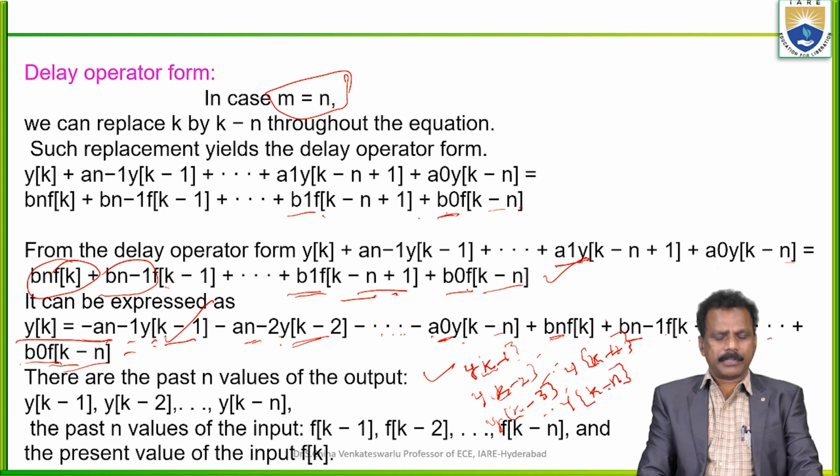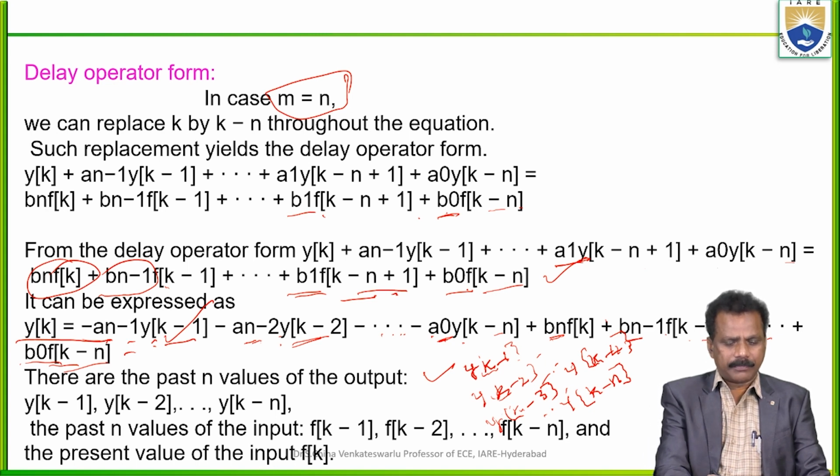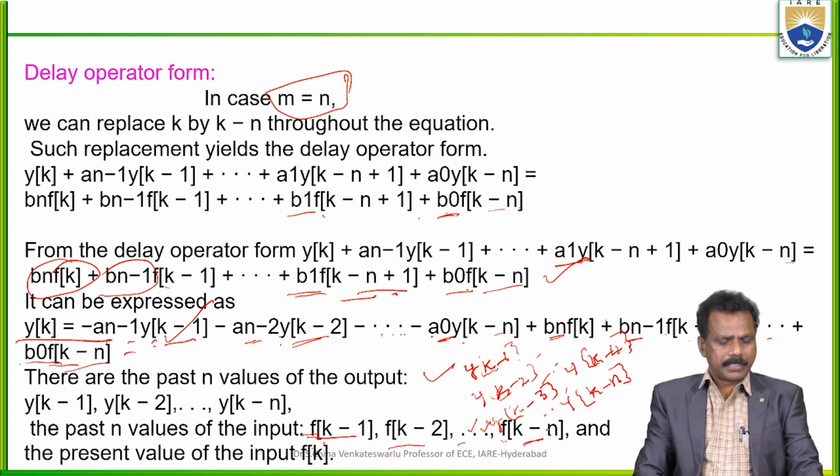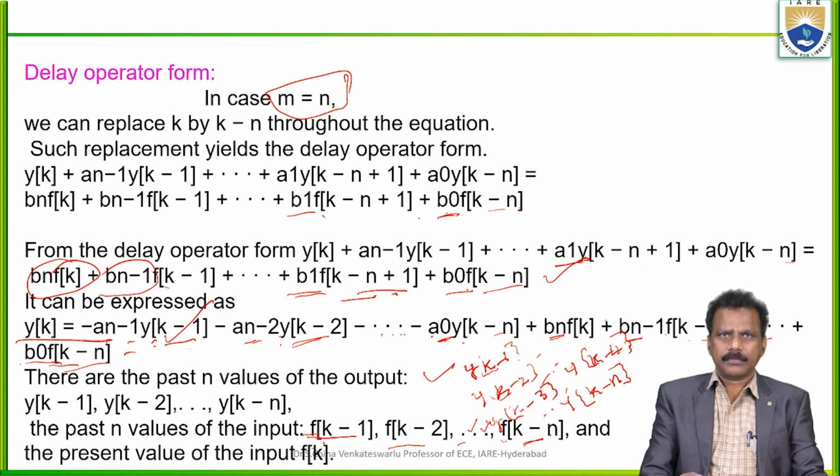So as per this, the first n values of the output response, the first n values of the input f of k minus 1, f of k minus 2, f of k minus 3, f of k minus 4, f of k minus 5, and so on, f of k minus n, and the present value of the input f of k. So we follow this delay operator form in case m is equal to n.